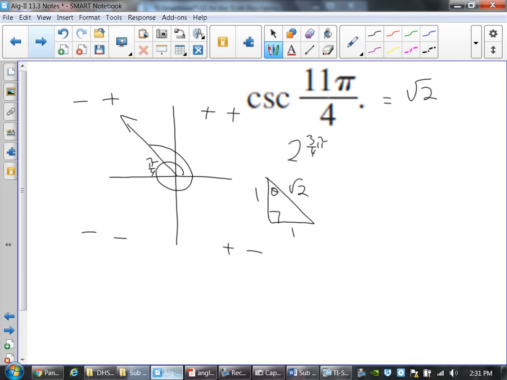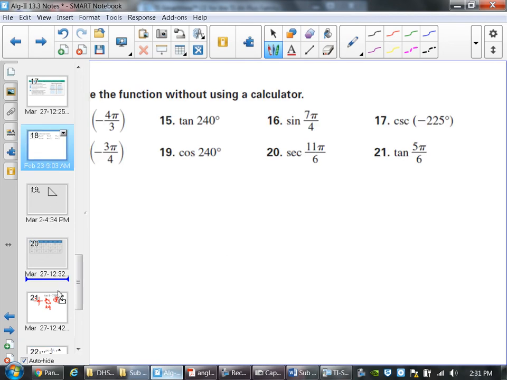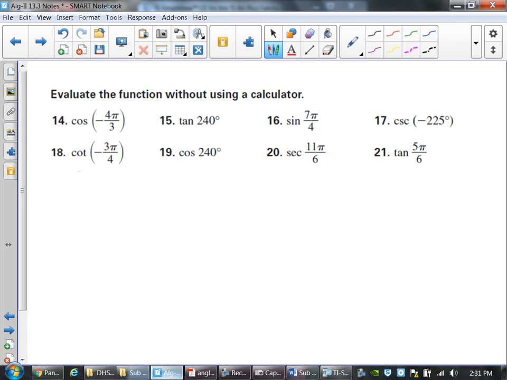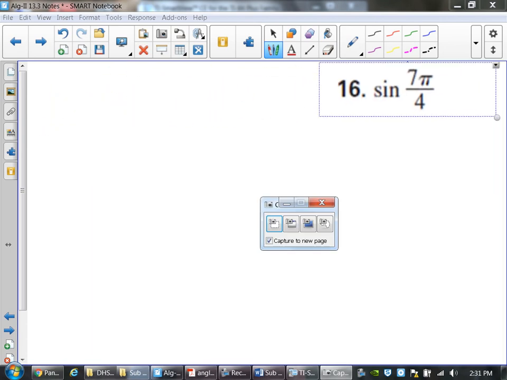Let's do another one. Sine 7 pi over 4. Sine of 7 pi over 4 is 1 3/4 pi.